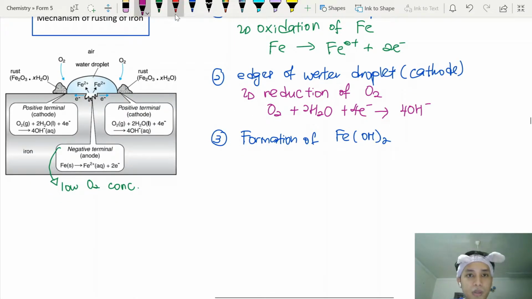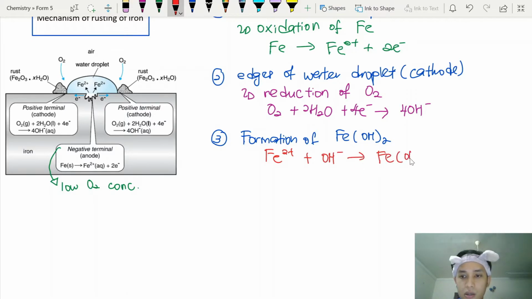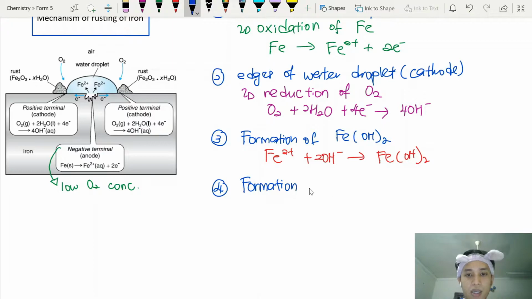So at this part here, Fe2+ is going to combine with hydroxide ions to form iron hydroxide. Balance. And then the final stage of your rusting process is the formation of rust, meaning the brown-colored thing.